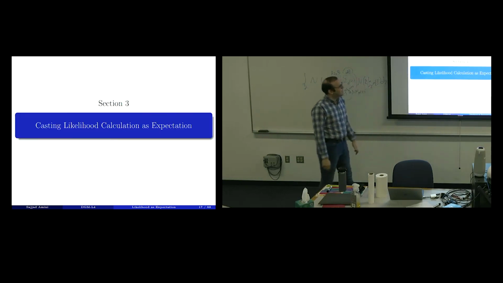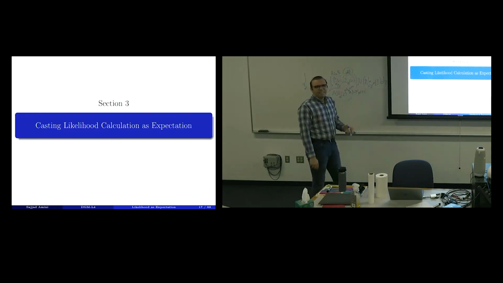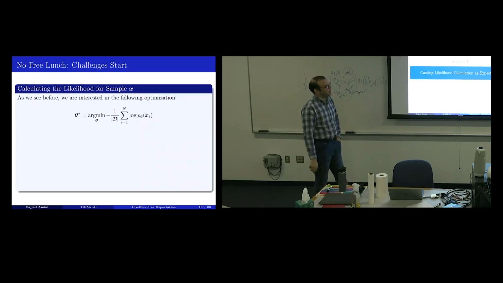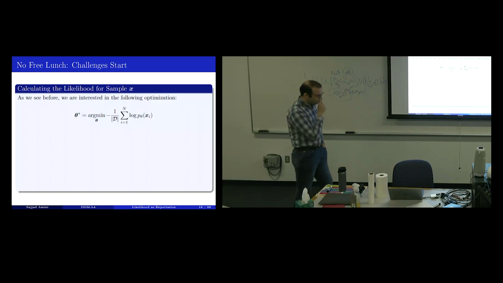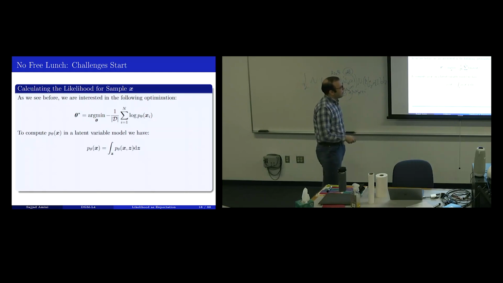So how can we solve the density estimation? The first approach to solve it is to cast the likelihood as an expectation. What does it mean? I need to minimize the negative log likelihood, so I need the density.